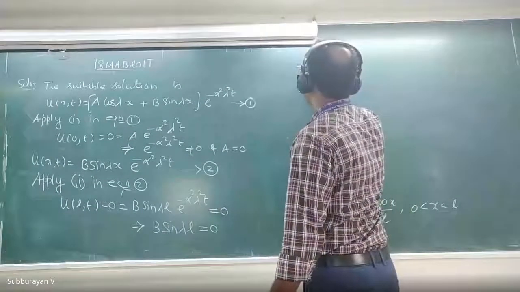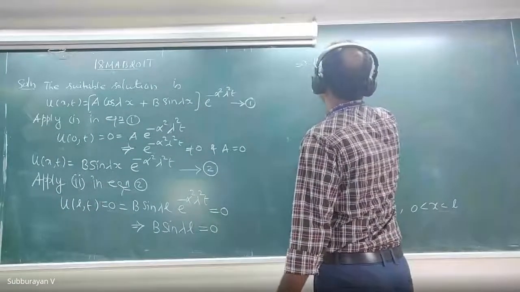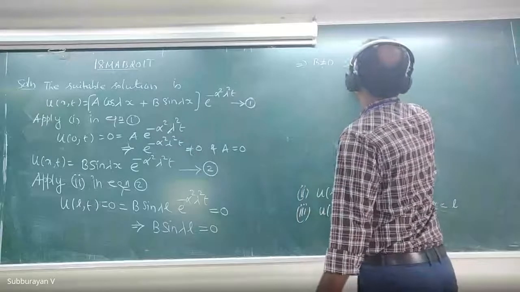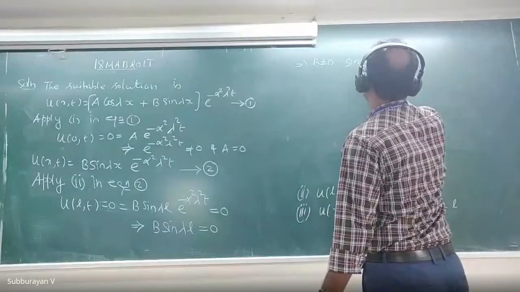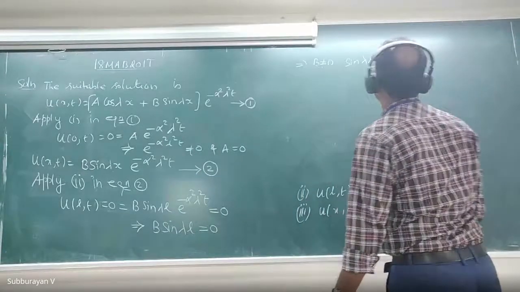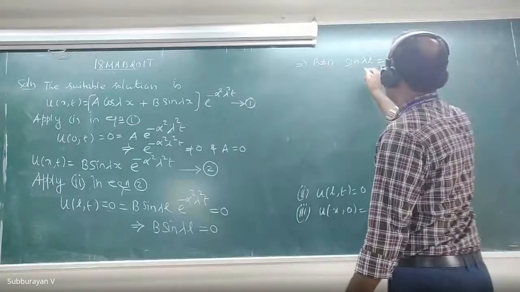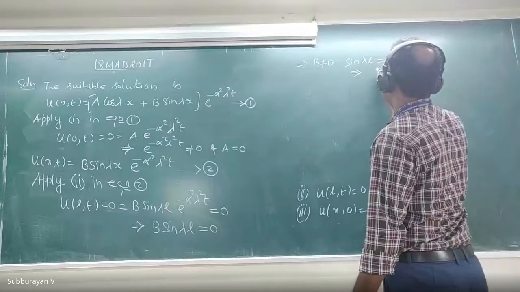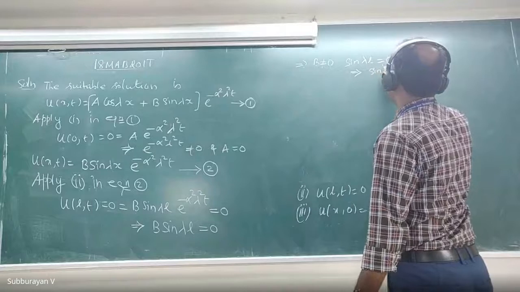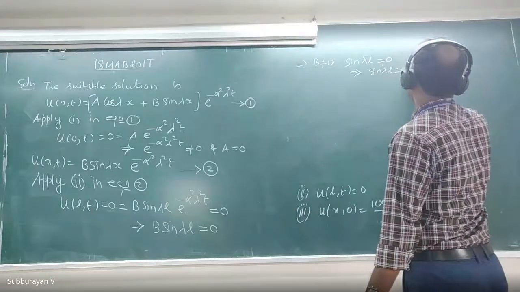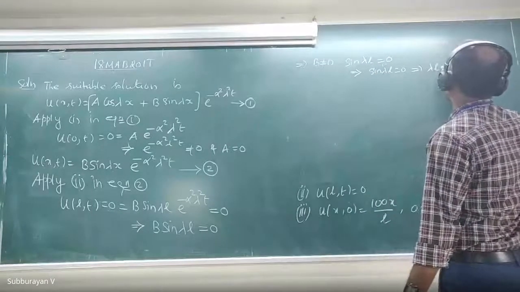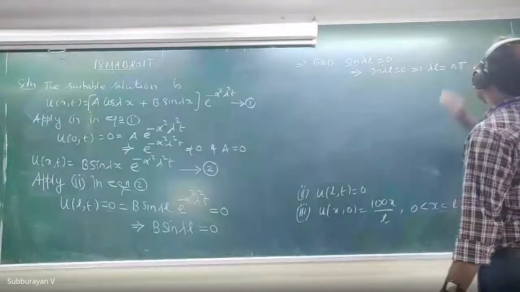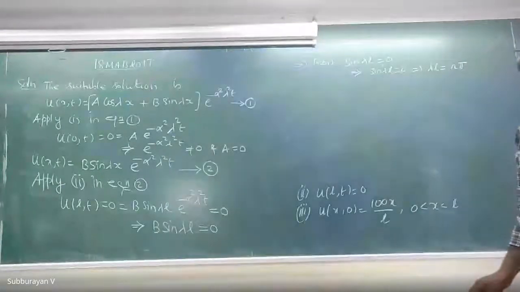Therefore b is not equal to 0 and sin lambda L equal to 0, which implies lambda L equal to n pi.